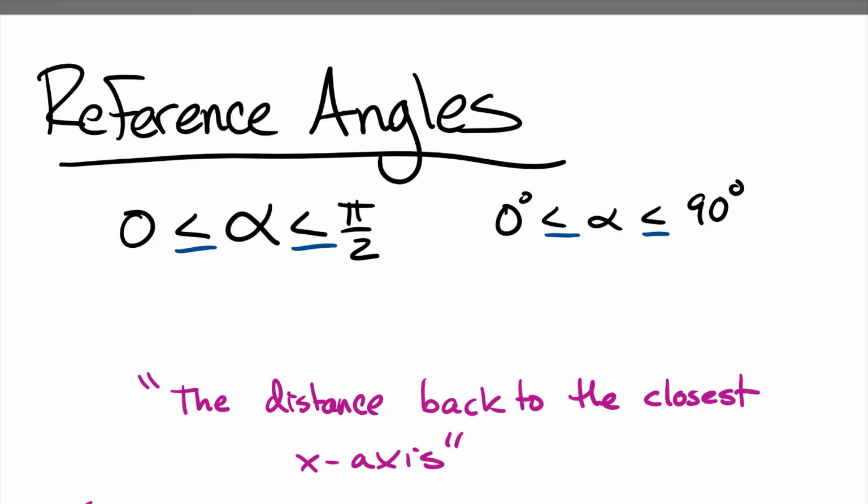I say back, but it could be forward. You know what I mean? We don't have to necessarily go forward, backward. Just the distance to the closest x-axis is where we're going. Radians simple, degrees pain in the butt. So if you want to hang on to degrees, expect extra work. But at least you're going to understand where the angles go a little bit better.